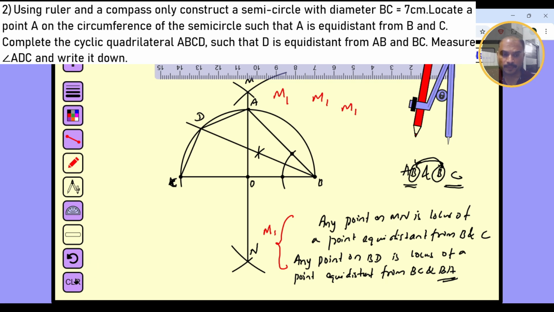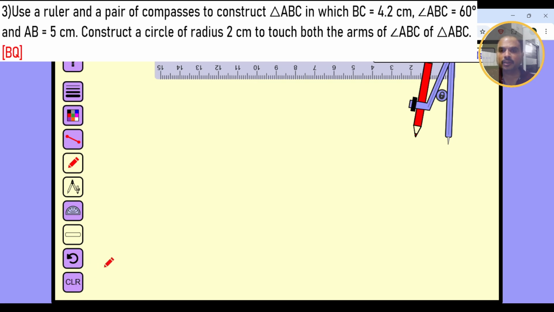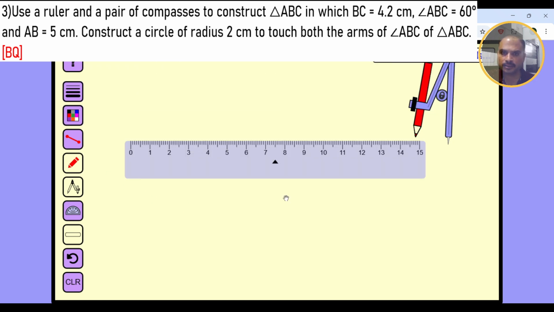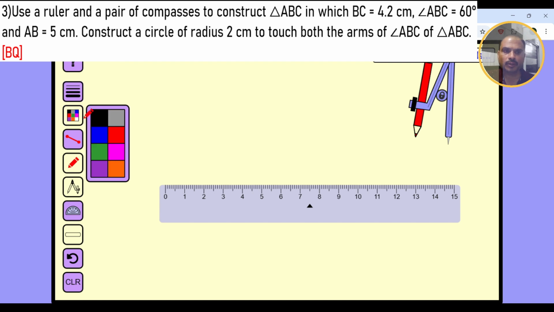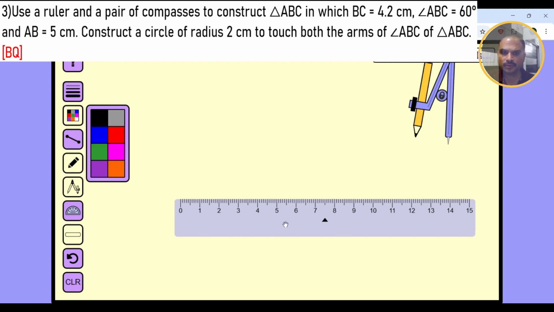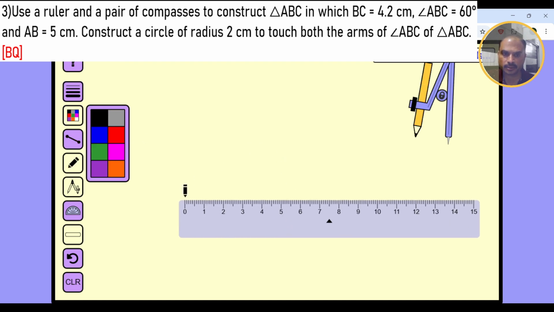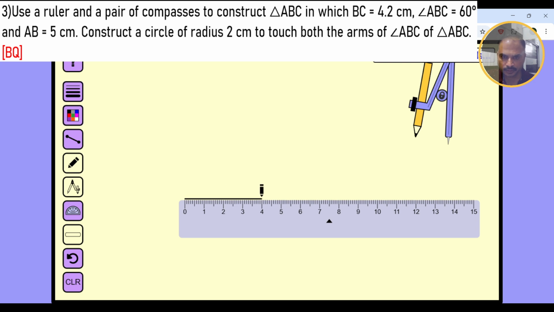Question number 3. Now let us see question number 3. What does question number 3 say? Use ruler and a pair of compasses to construct a triangle ABC where BC is equal to 4.2 centimeter. Now I will take the compass. BC is 4.2 centimeter. I'll just directly draw this line BC.